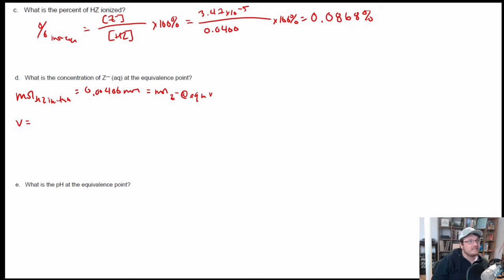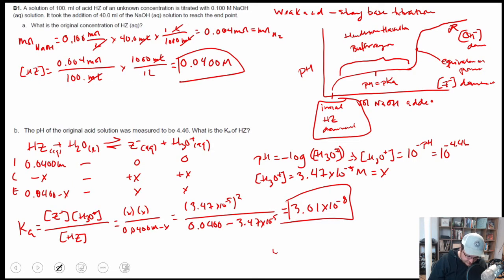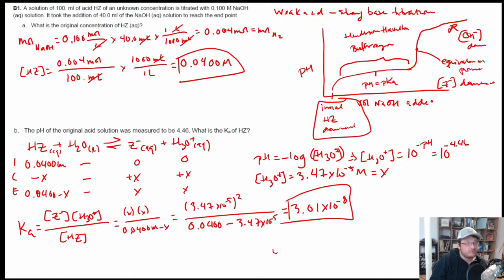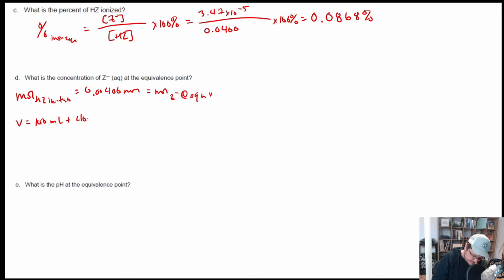So we have to add up the volume that we started off with. The initial volume was 100 milliliters, plus what we added, 40 milliliters of the NaOH solution. And so what we get, I can just do this math in my head, is 140 milliliters. That's the volume that we end up with.